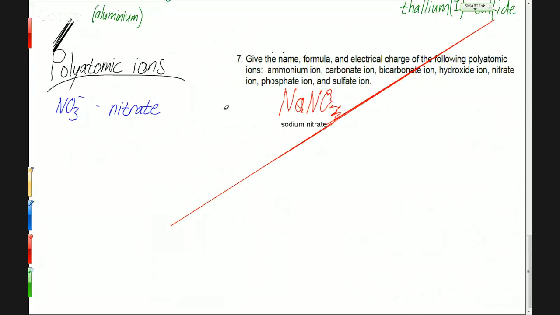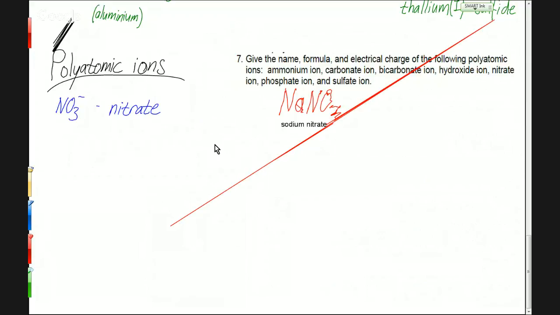Give the name, formula, and electrical charge of the following polyatomic ions: ammonium ion, carbonate ion, bicarbonate ion, hydroxide, nitrate, phosphate, and sulfate. So that's 1, 2, 3, 4, 5, 6, 7. So you got to know 7 of them. You got to know the name, the formula, and the charge. And then we'll use those to build the compounds. So let's put them down here so we have a chart.